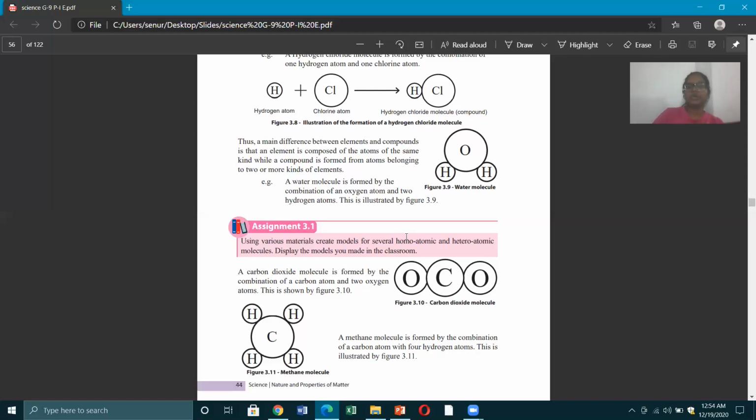Okay. So H2O is the formula of the water molecule. And why do you call it H2O? Because there are two H atoms and one O atom. The ratio is, sorry, O is to H, 1 is to 2, because there is 1 O atom and 2 H atoms.